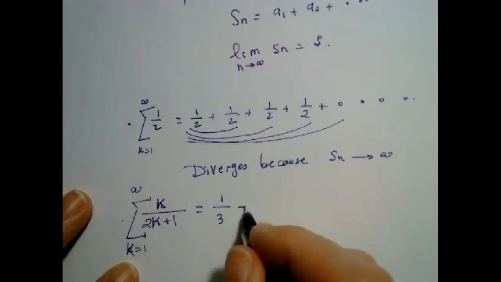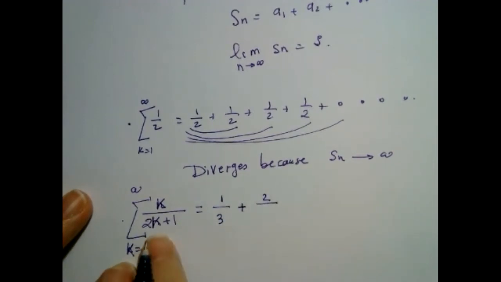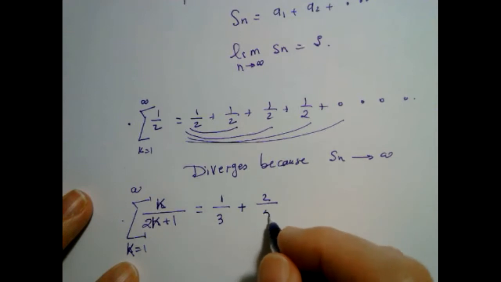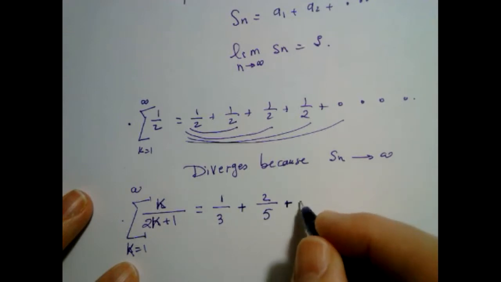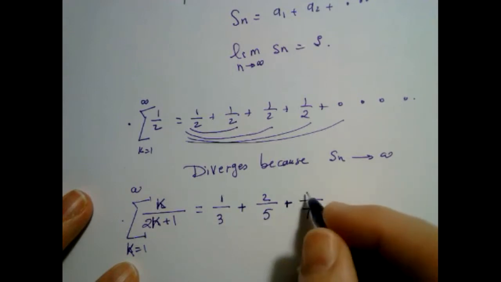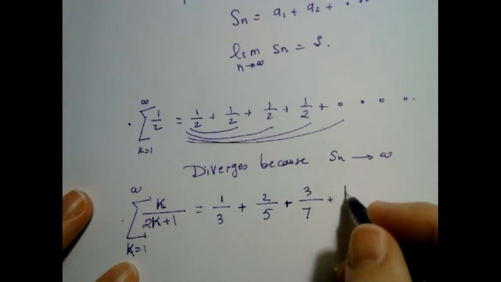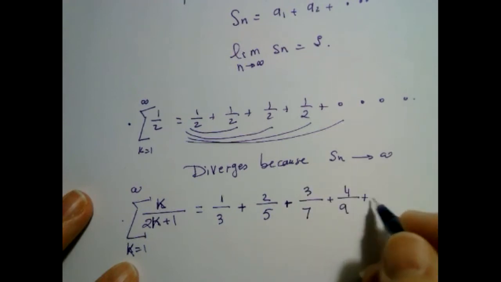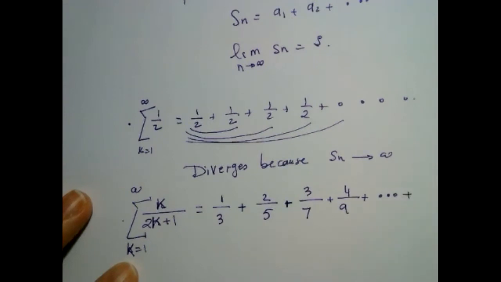If k is 1, it's a third. If k is 2, I have 2 times 2, it's a 4 plus 1, it's a 5. Plus, that's a 7, that's 3 over 7. And 4 over 9. And it keeps going.